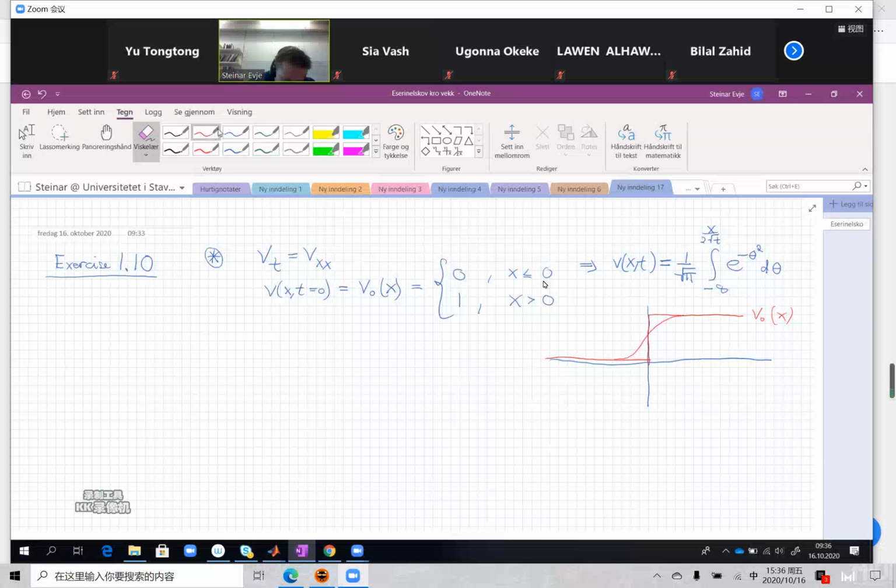The more important thing is that we clearly can study how this will smooth out this initial front, a diffusive smoothing effect.